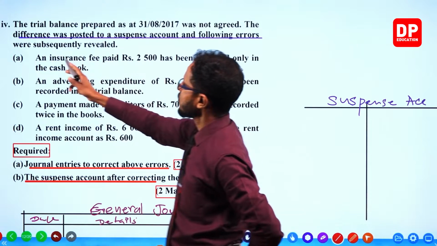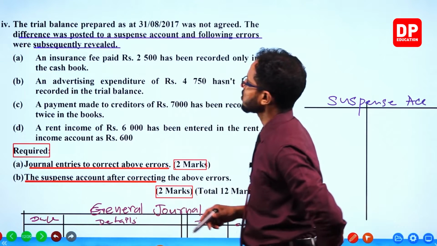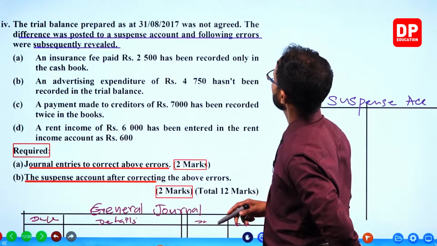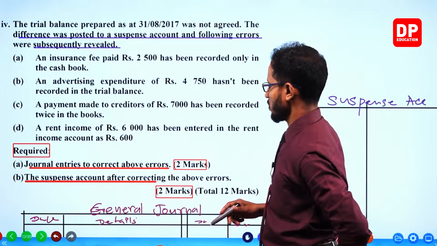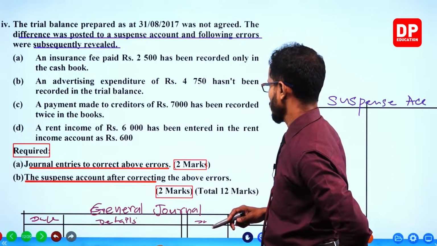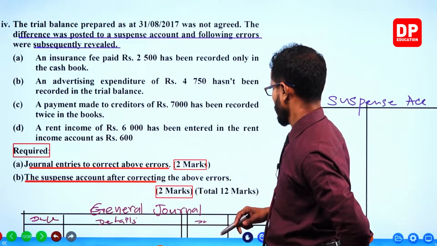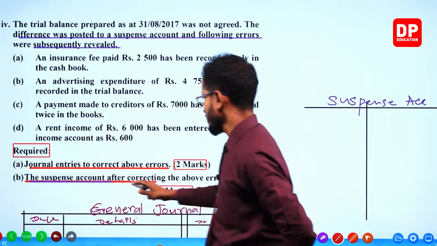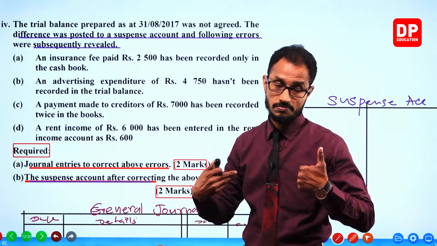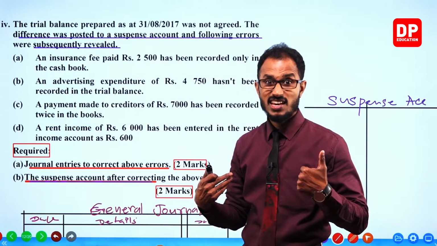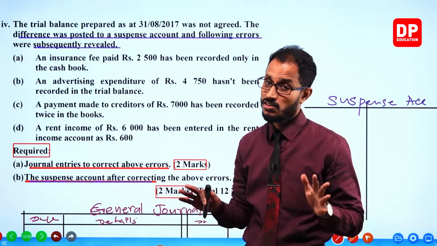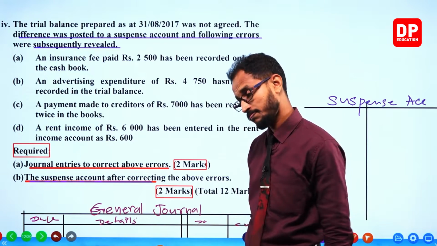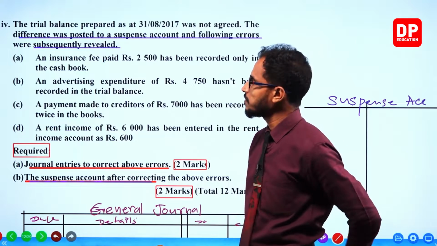Following errors were subsequently revealed. Where is the difference? There is no difference given. We have to find the difference. Like it or not, we have to find it. It's not a big deal.